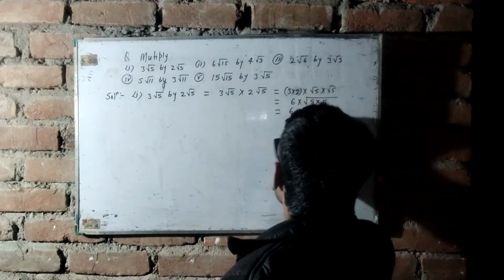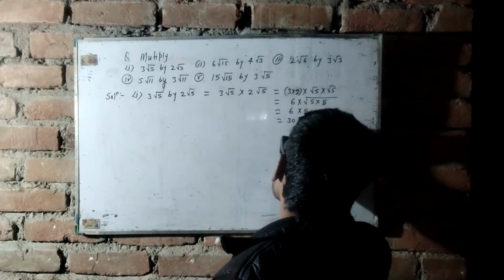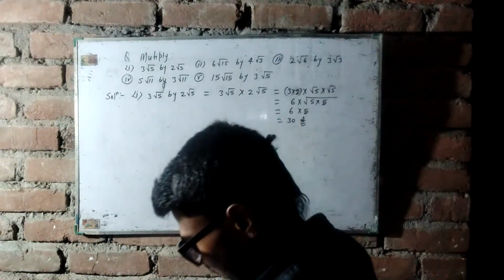Now we can write 6 into 5 is equal to 30. This is the required answer.